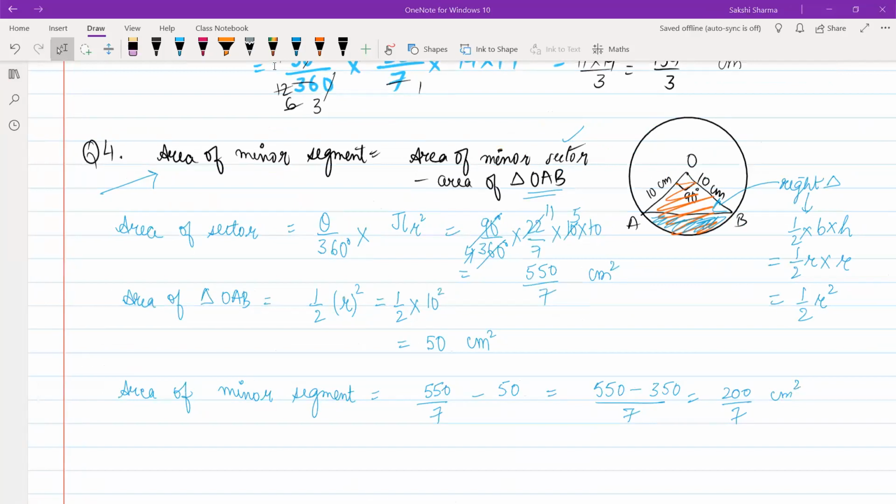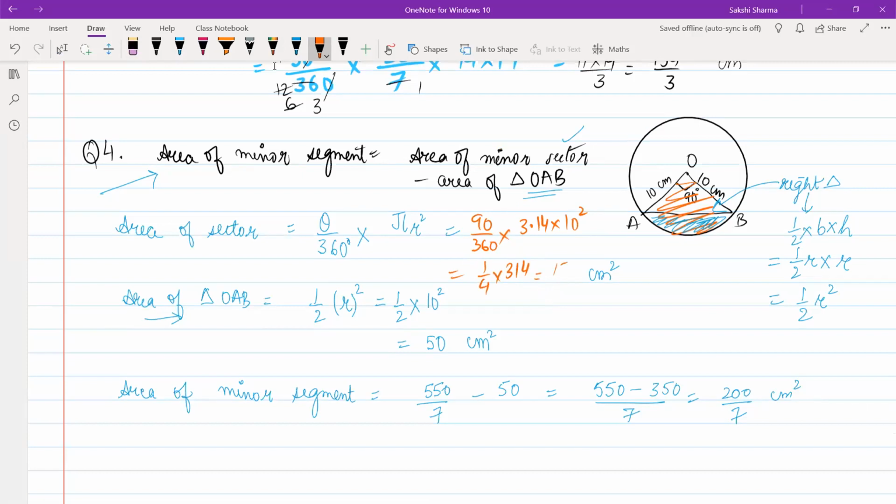So I would like to change this answer over here. It doesn't affect the answer for the area of the triangle, although it affects the answer for the area of the sector. Let's change the answer. This will actually make your work easier because using fractional values with multiples of 10 is going to simplify your work. So you have 90 degrees by 360 multiplied by 3.14 into 10 squared. This is 1 by 4 times 314.